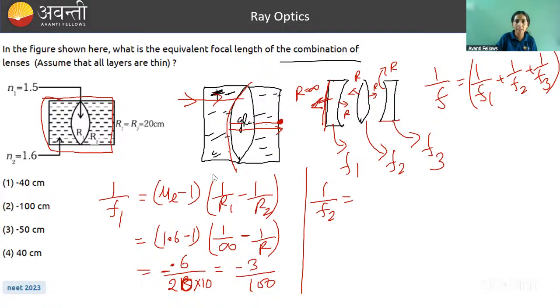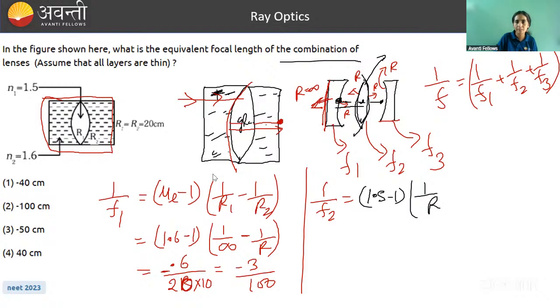Let's talk about the middle lens, this one. The refractive index of the lens is 1.5. So 1.5 minus 1 into 1 by R1 minus 1 by R2. Look at R1, this surface. R1 is in this sense, so positive R, and R2 will be in this sense. Where will the center of this surface be? It will be here.